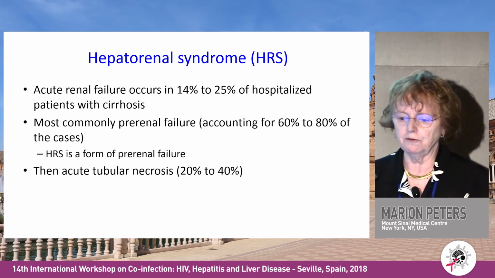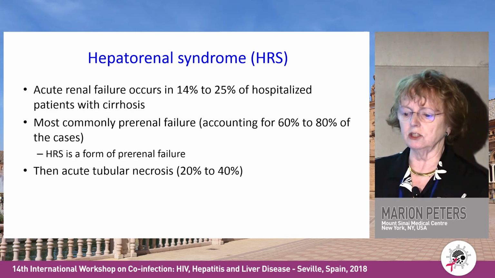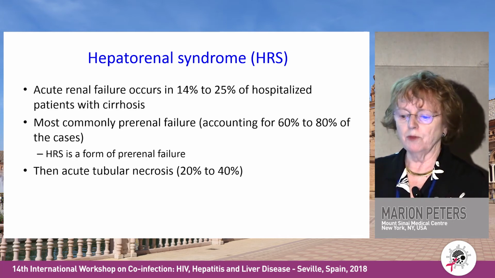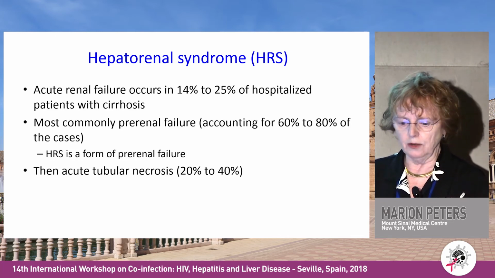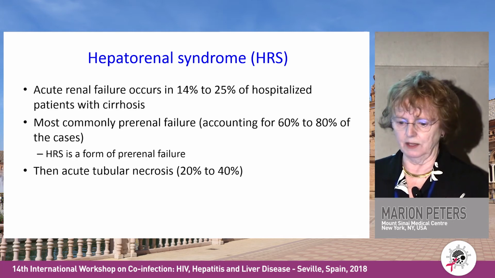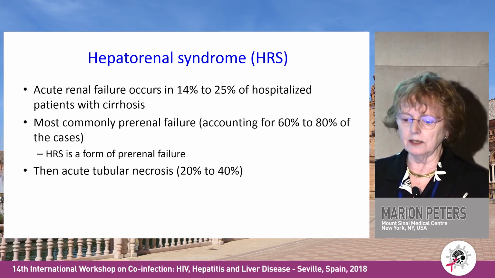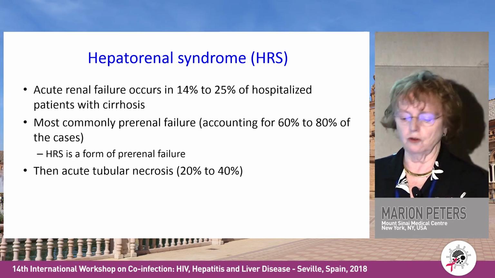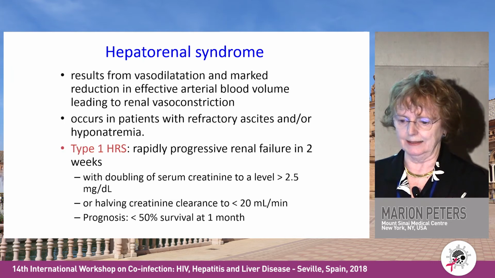Remember, acute renal failure occurs in about 14 to 25% of hospitalized patients with cirrhosis. The most common is pre-renal failure, which accounts for about 60 to 80% of the cases, and hepatorenal is a form of pre-renal failure. Acute tubular necrosis occurs much less.